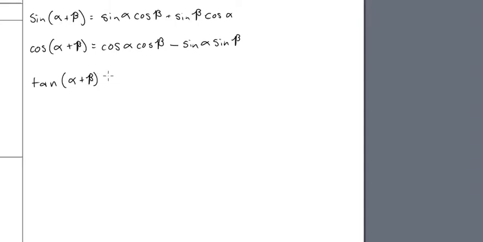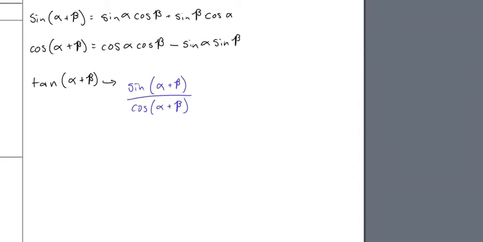First off, let's break that into the same thing as the sine of alpha plus beta divided by the cosine of alpha plus beta. If we have the sine of an angle divided by the cosine of that same angle, so whatever alpha and beta are, and when we add them together, they're going to be the same amount, that would give us the tangent of that angle.